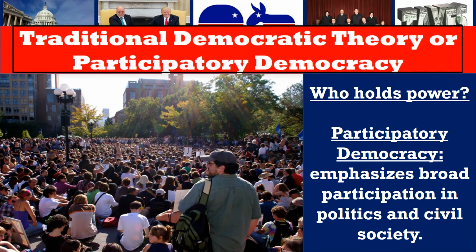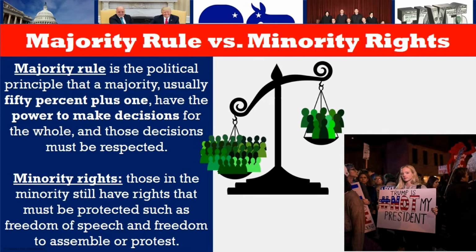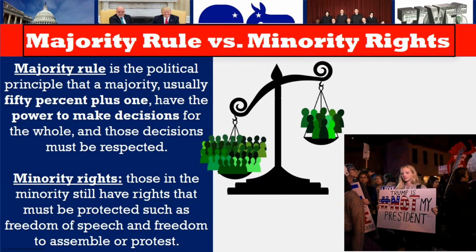The traditional democratic theory, or as your benchmark might call it, participatory democracy, emphasizes broad participation in politics and a civil society. Participatory democracy also relies on two other major principles: majority rule and minority rights.